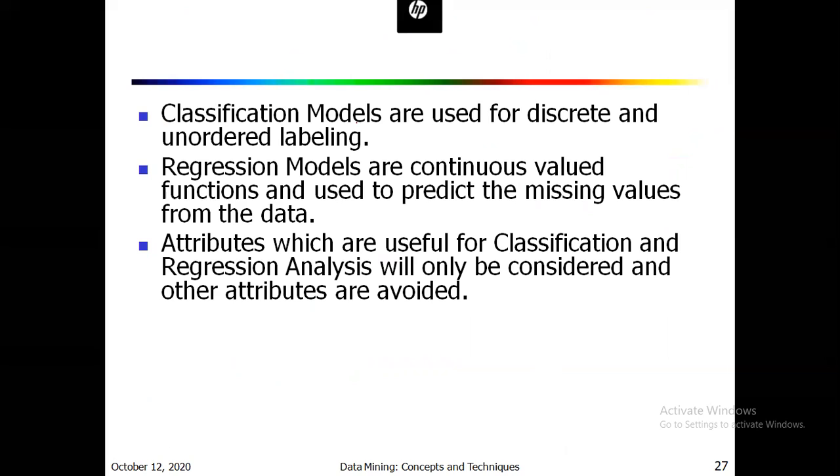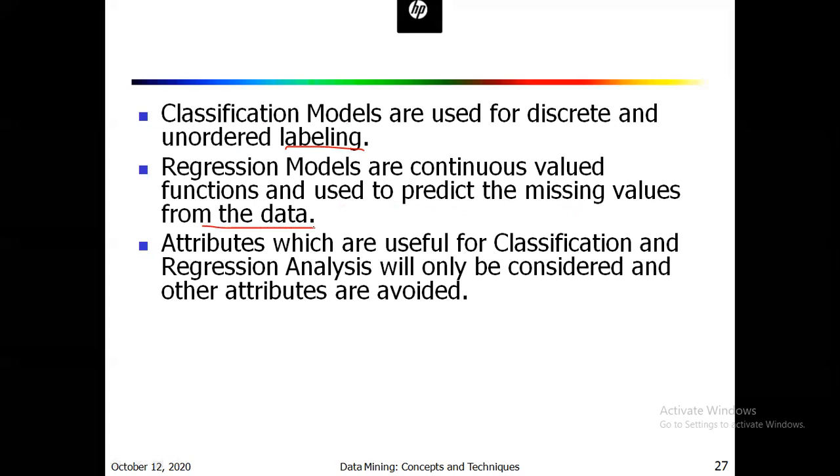So classification models are used for discrete and unordered labeling. So you can see that the class labels are on discrete values. For example, age is a discrete value, and the income is also a discrete value on which you will classify the problem. But in regression, you have a continuous value function used to predict the missing values from the data.